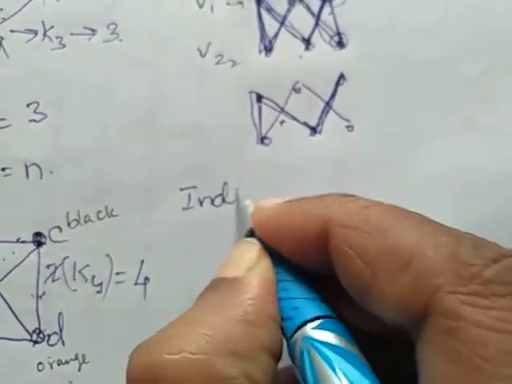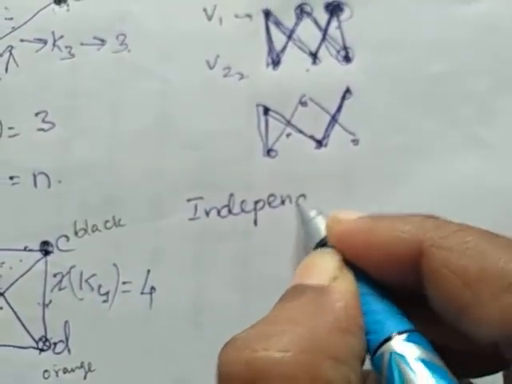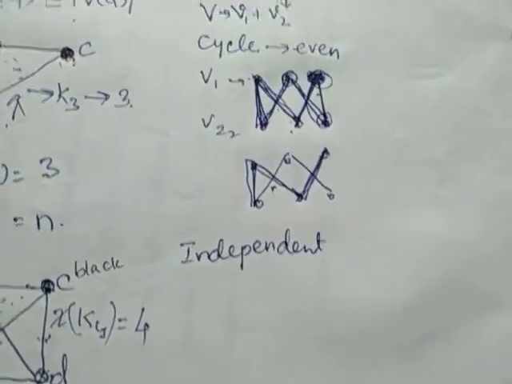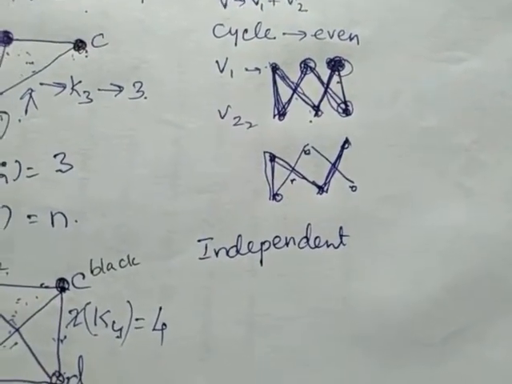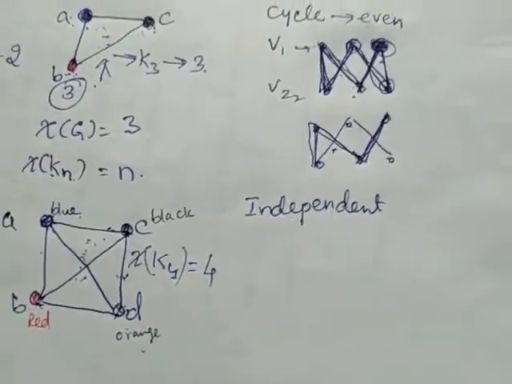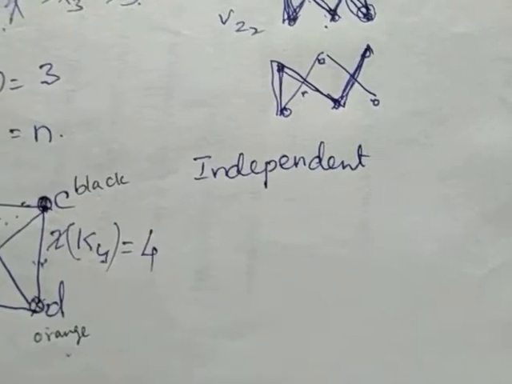Then we are going to study what is an independent set. A set of vertices is said to be independent if no two vertices are adjacent in a graph.